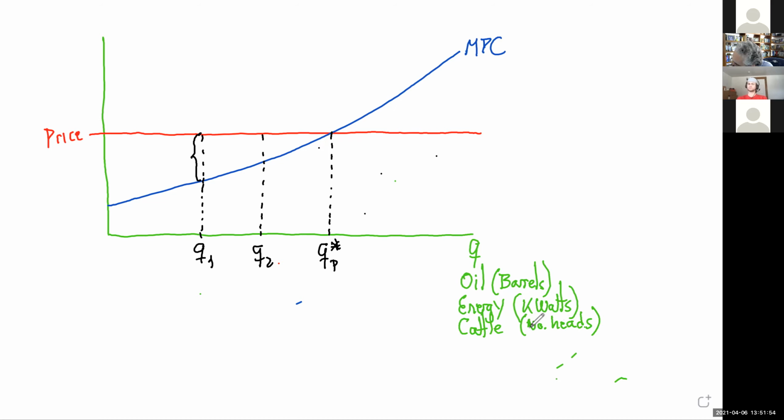So cattle ranchers are going to, sorry, let me see if I can erase that. Let me erase all this garbage here. So it could also be number of heads of cattle that you're raising and you're feeding in those pasture lands. So far, this is the private part of the story.